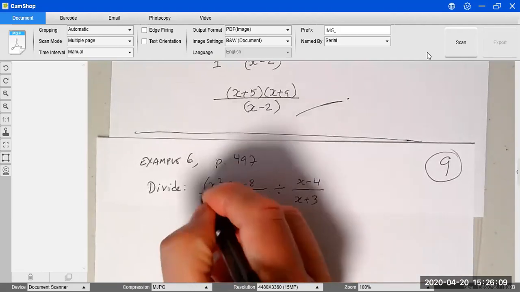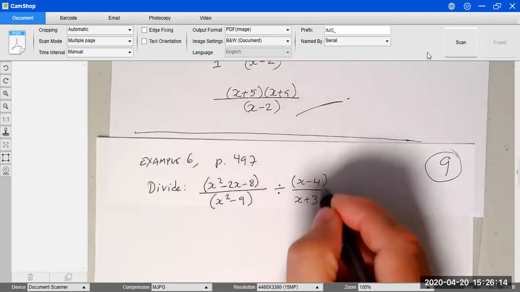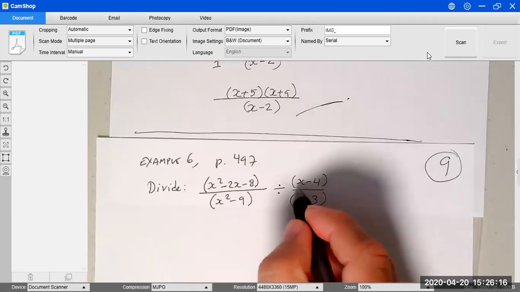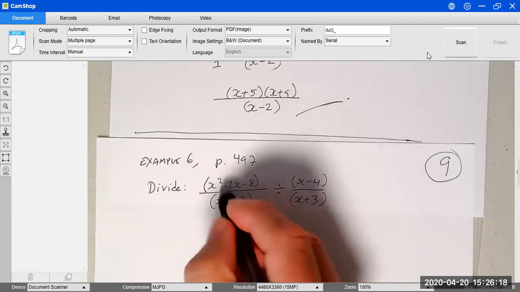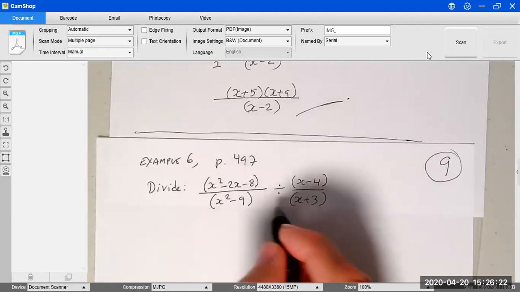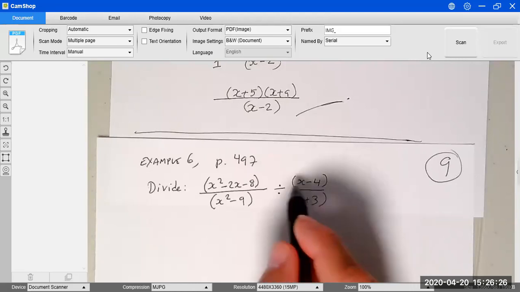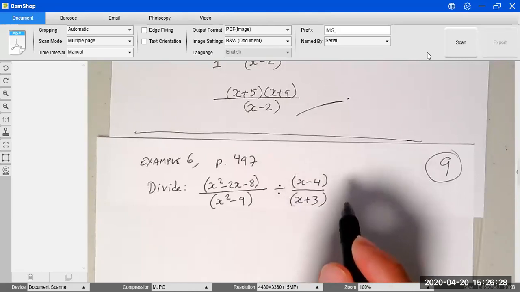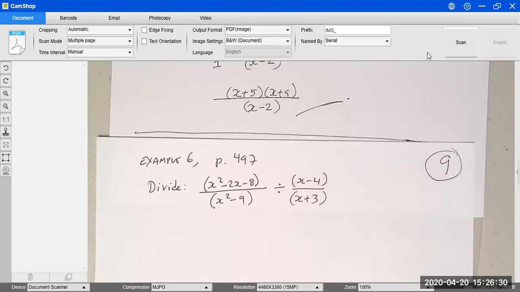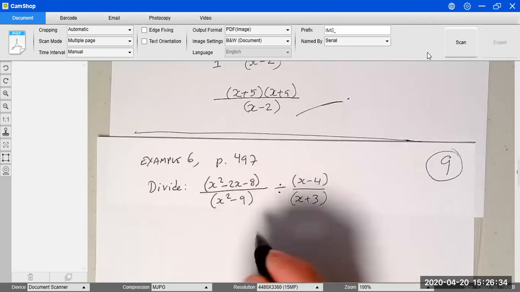You're gonna use your parentheses. What is the reason of doing that? Remember, these are units that are unbreakable, so you cannot take just part of this and cancel with part of this. No, we just cancel factors, and factors is something that is enclosed in a parenthesis. So let's convert this into a multiplication.